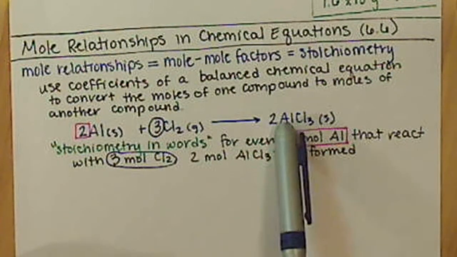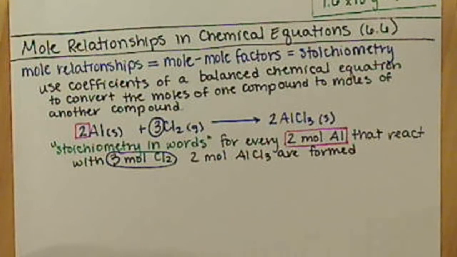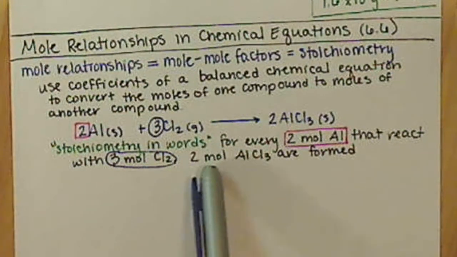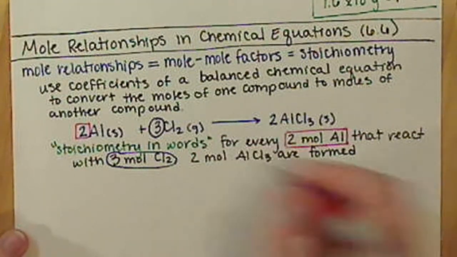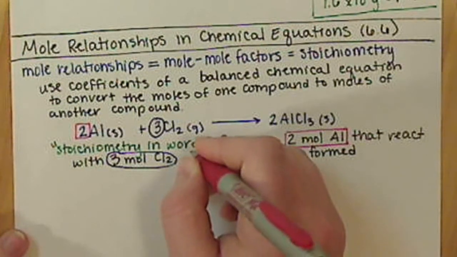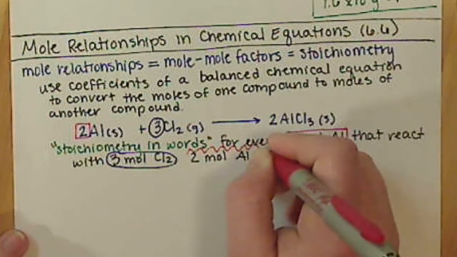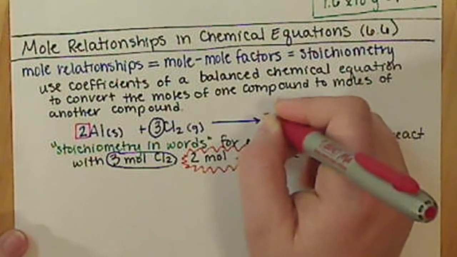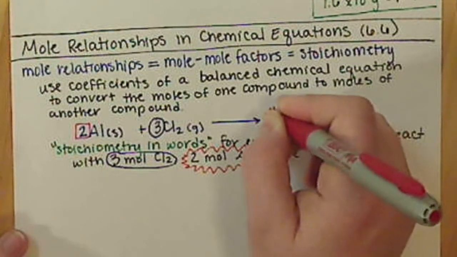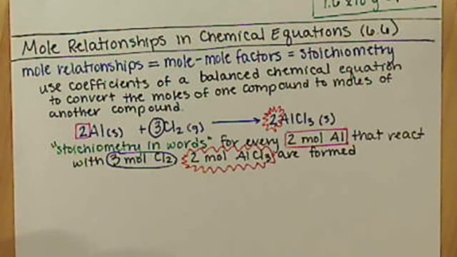Even though this does have chlorine and aluminum, that hasn't come into play until we talk about these 2 moles of aluminum chloride that are formed. So those are where those relationships come in.